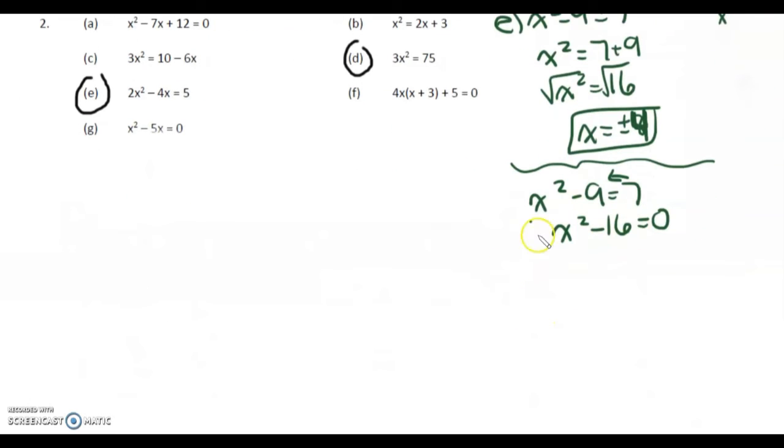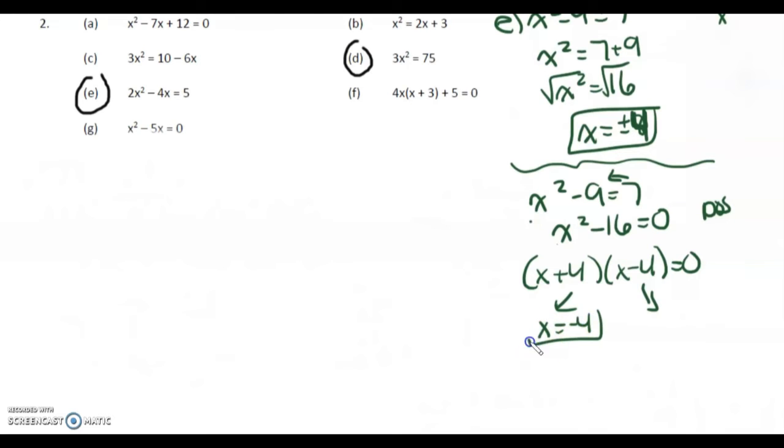Okay, so how do we factor this? Well, this is a difference of squares. X squared minus 16. So we get x plus 4, x minus 4 equals 0. We branch these two off. We get x equals negative 4, and then x equals 4. Okay, so you can straight solve or you can factor this one.